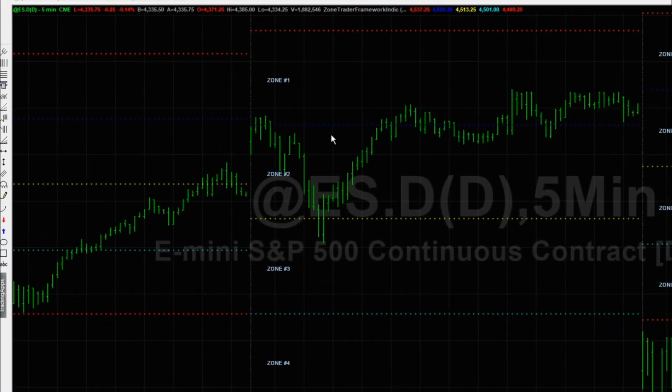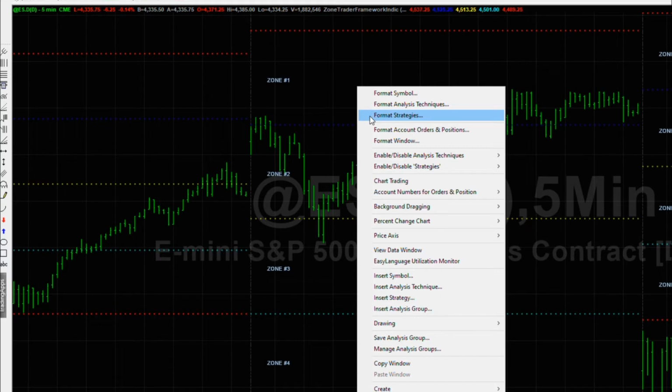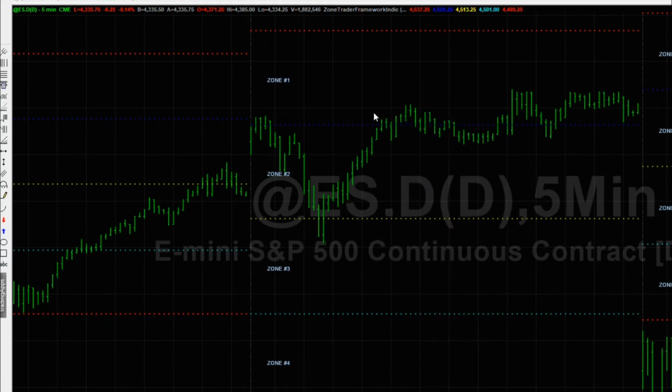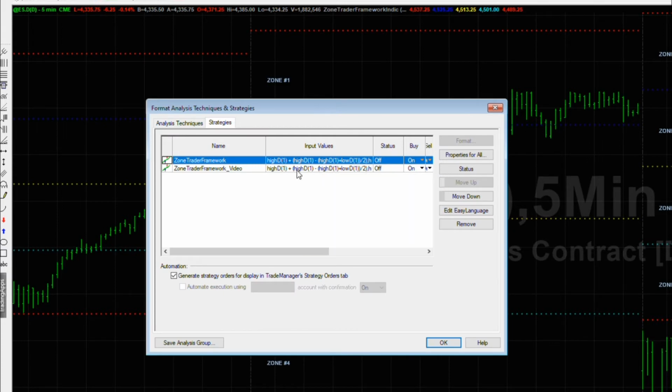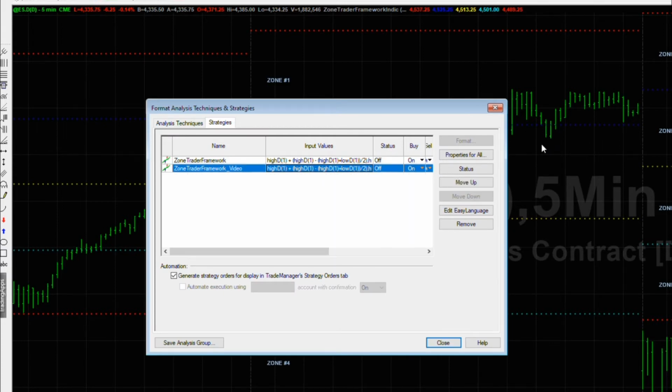We have what I call resistance 1 and resistance 2, and I have the pivot point, or midpoint, I'm sorry, midpoint. Support 1, support 2, and how do I define those levels? Well, in this instance, with this particular template of the framework, I've got this defined within the inputs of the strategy itself.